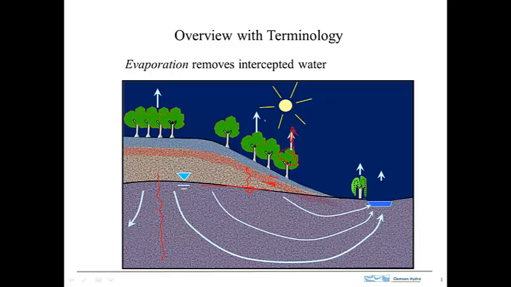The intercepted water evaporates off, and now the trees are becoming active, and they say, well, I need to get some water to transpire and do my biological processes. And so the trees have roots down here in this area, maybe going down into the B horizon, and so they're pulling this water that's been added to storage at shallow depths from the rainfall. They're pulling it back out.